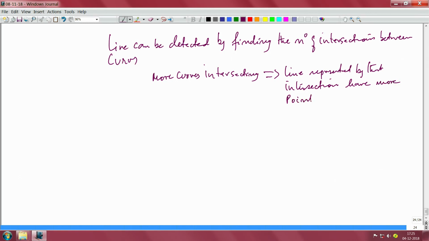What a nice intuition indeed, right? And this is what the Hough line is all about.